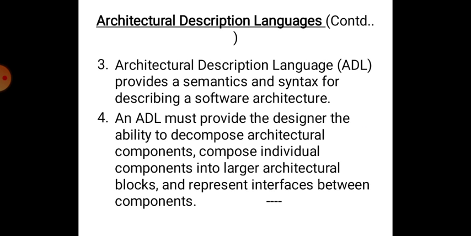So students, ADL provides both syntax and semantics for describing any architecture. Point number four, an ADL must provide the designer the ability to decompose architectural components, compose individual components into larger architectural blocks, and represent interfaces between components.